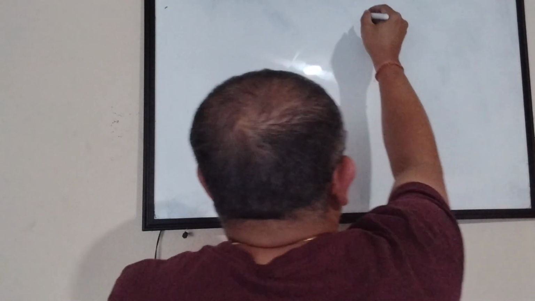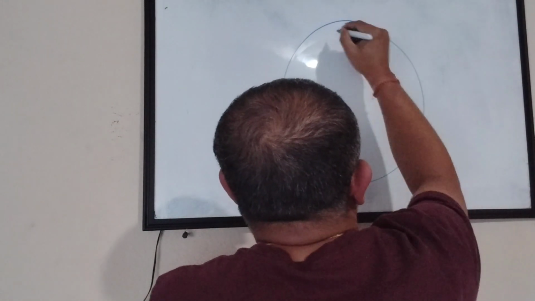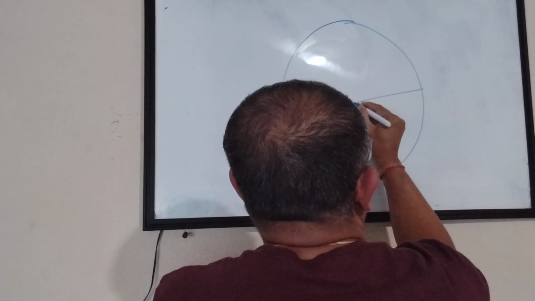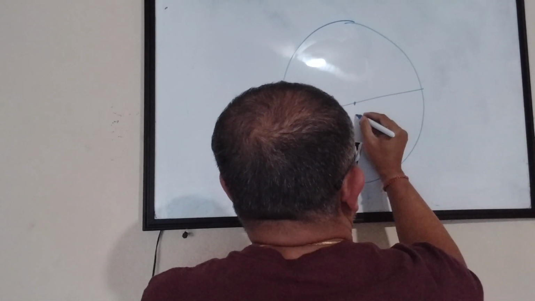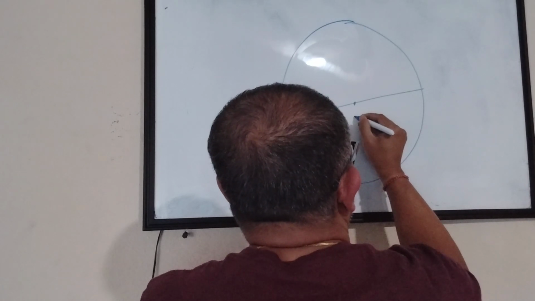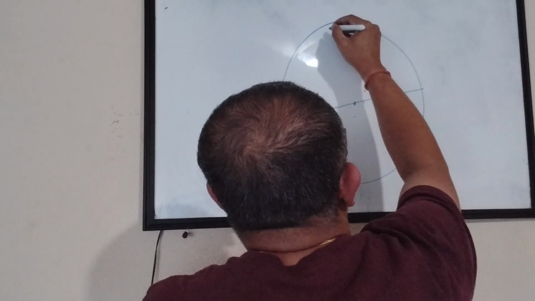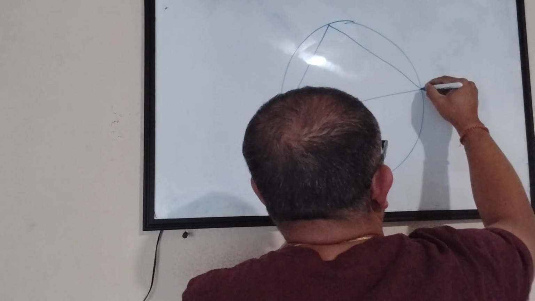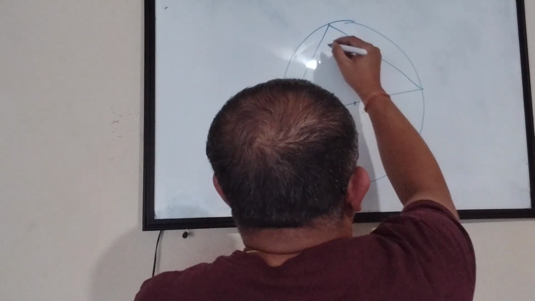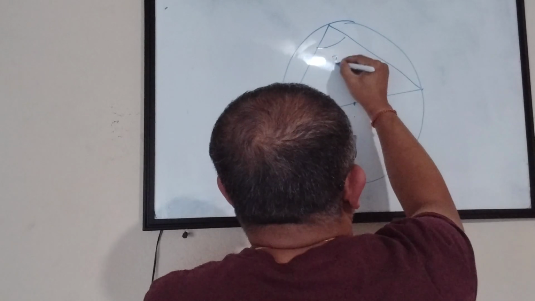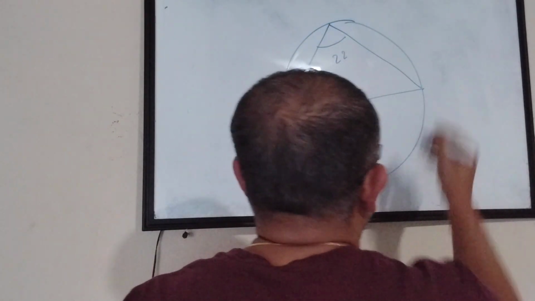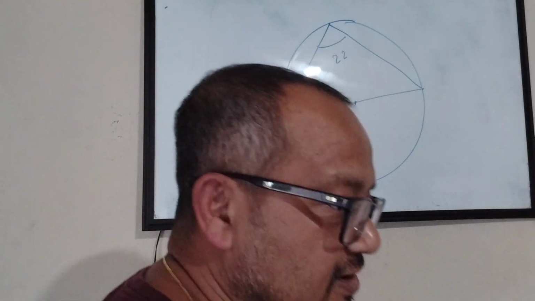Okay. Now, tell me the value of this angle. This is my circle and this is my diameter. I want to know what is the value of this angle.